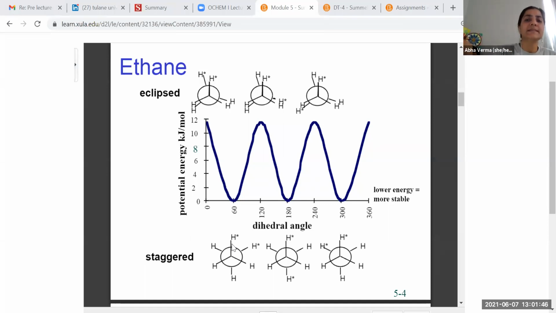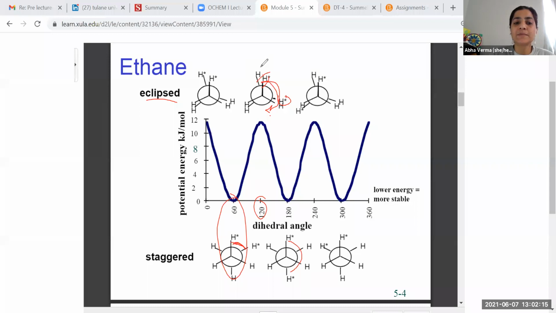This is known as the staggered conformation. From 60-degree angle, the starred hydrogens are at a 120-degree angle, and again they are eclipsed. Again, they take a little rotation. Now they are at a 180-degree angle, and so on and so forth.